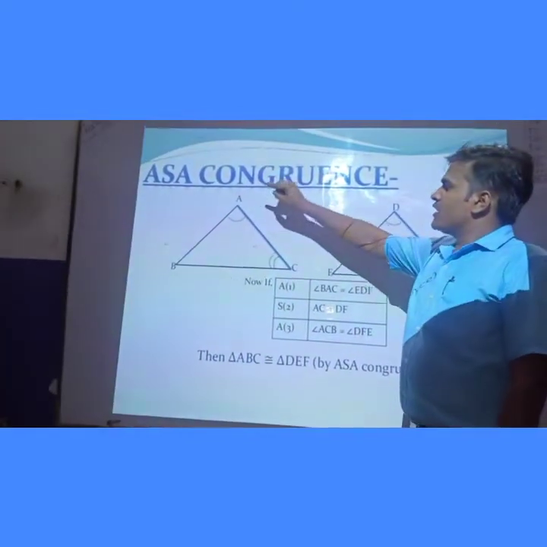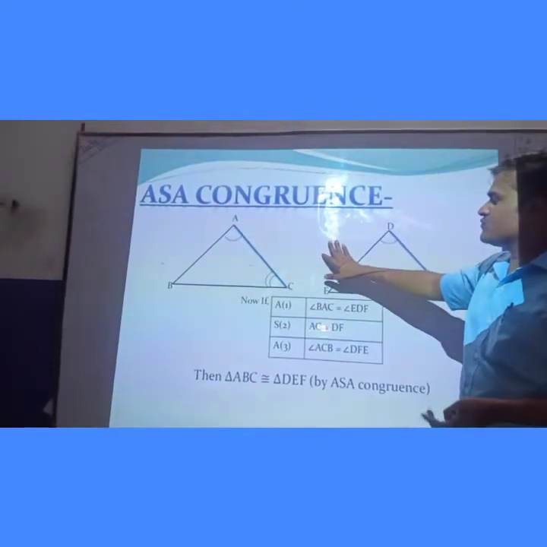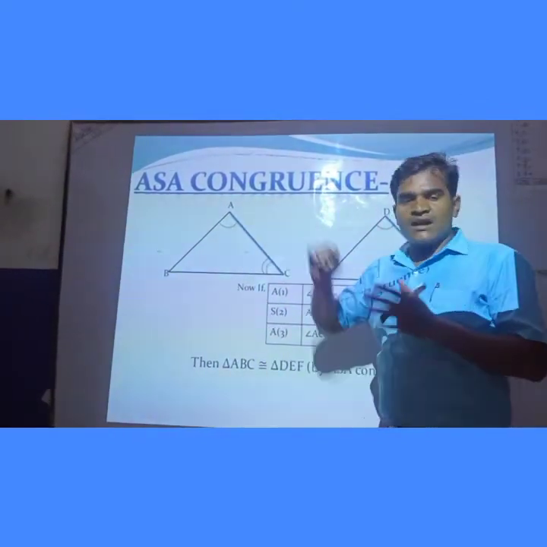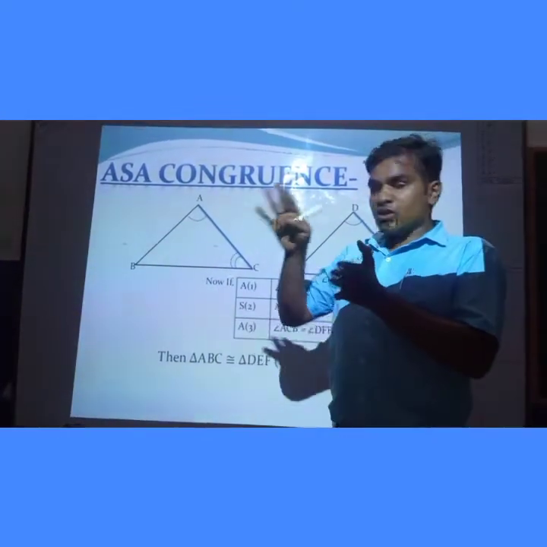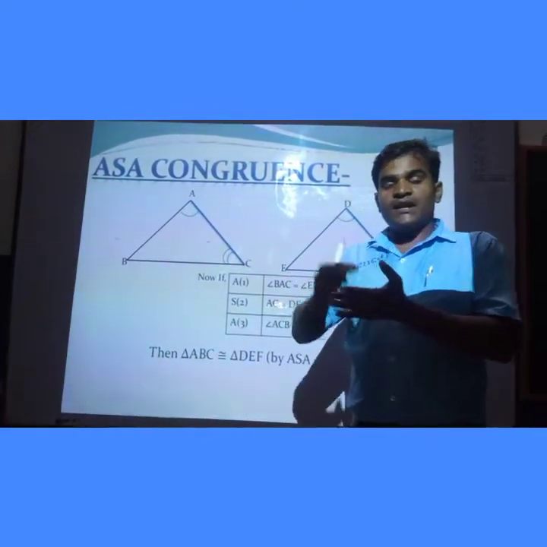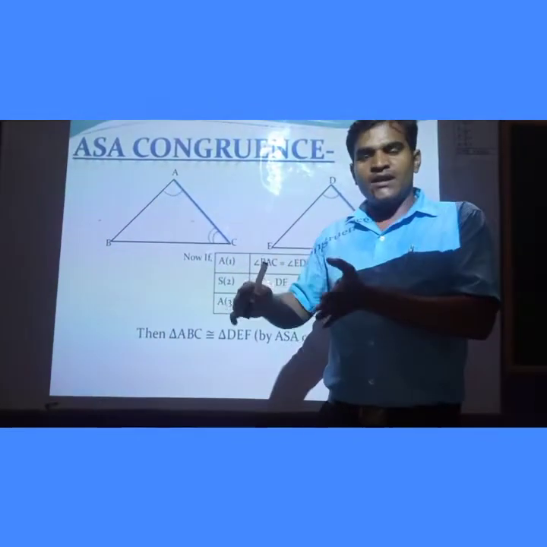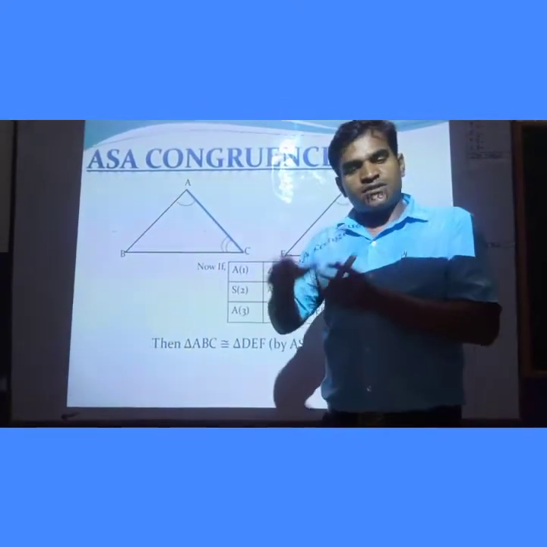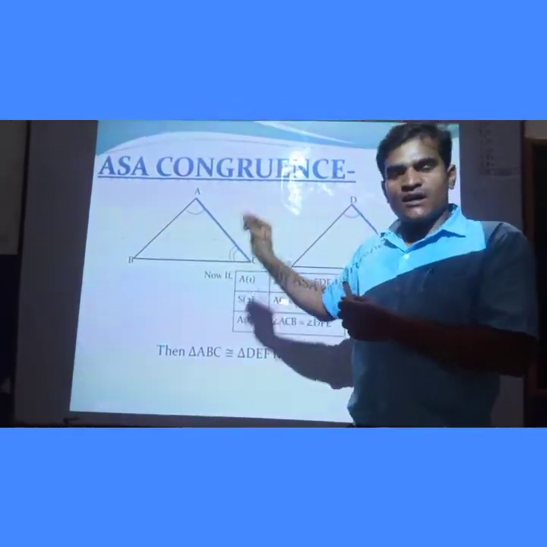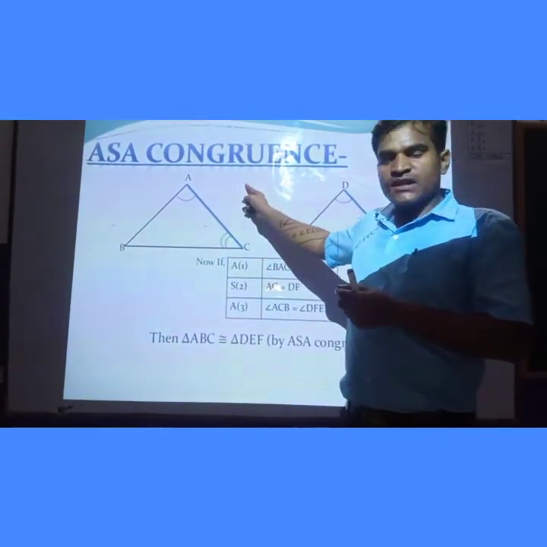Next one, children, ASA congruency. By ASA congruency, two triangles are called congruent if two angles and the included side of one triangle are equal to the corresponding two angles and included side of another triangle. Then those two triangles are called congruent by ASA congruency criteria.